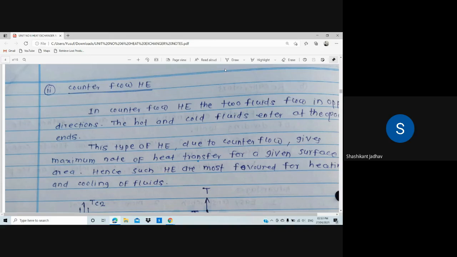Full stop. The hot and cold fluids enter at the opposite ends.